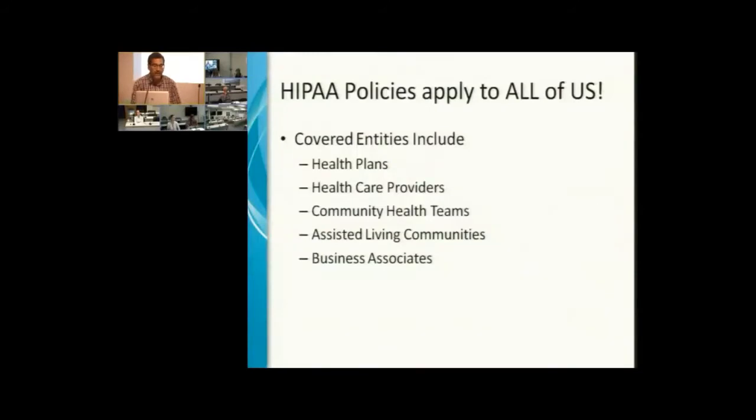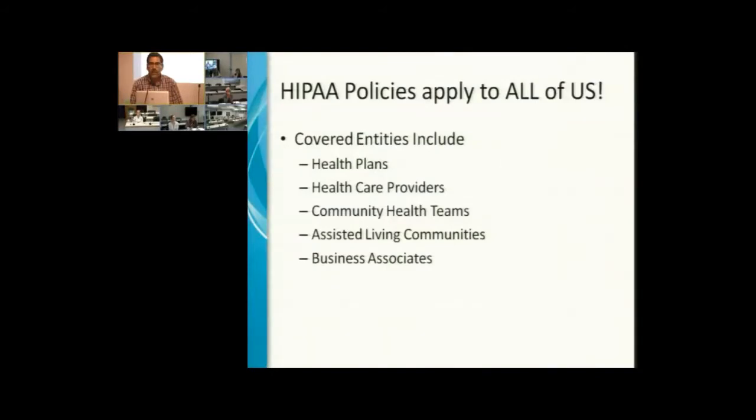So some of the covered entities are health plans, healthcare providers, community health teams, the outreach people, those that have any type of assisted living, and business associates. Business associates comes up more and more now, and the law on this was actually strengthened about a year and a half ago. You may have read recently, there was a hospital in Boston that fired their transcription service because they were contracted to transcribe all these doctors' notes into electronic copy.